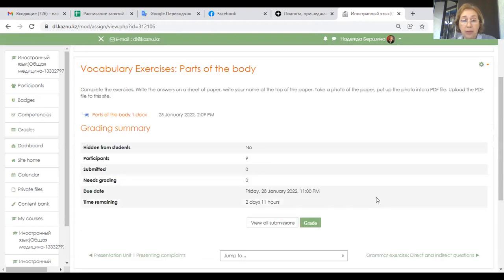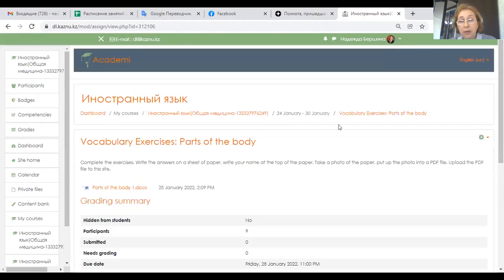what I see. This is a different one. I mean that you'll see the file here, which you should download to your computer, and the task is given: complete the exercises, write the answers on a sheet of paper, write your name at the top of the paper, and take a photo of the paper, put the photo into a PDF file, and upload the PDF file to the site.